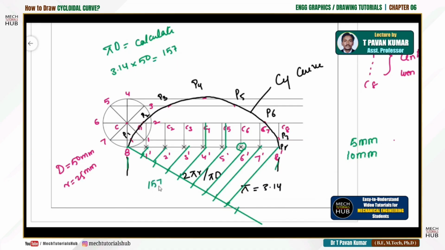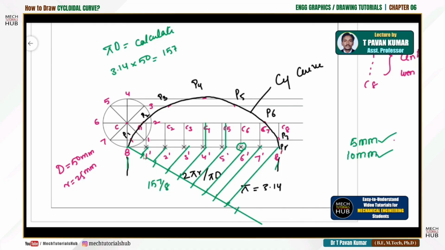Now that 157 has to be divided into 8 segments, 8 parts. So whatever the division you get, if that is not possible to measure with the help of compass, then draw any acute angle, divide that into 8 divisions according to whatever the convenience you have with your compass, and join the last intersection with the end of the line and tighten the knob of the drafter.